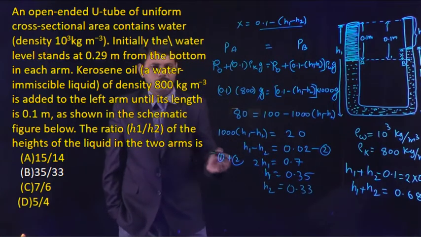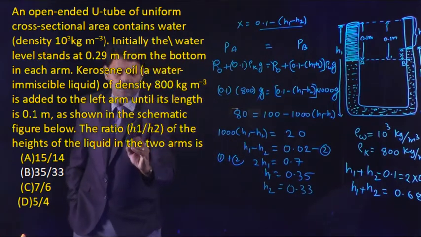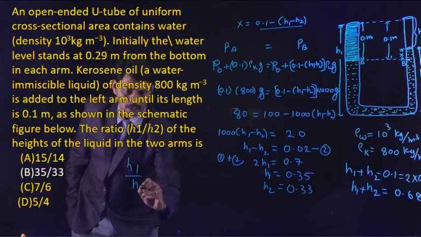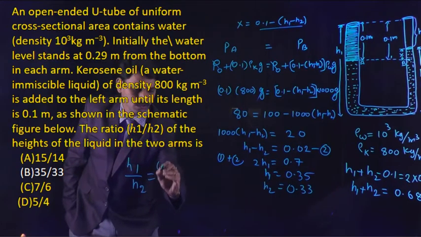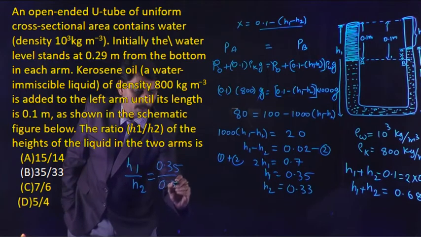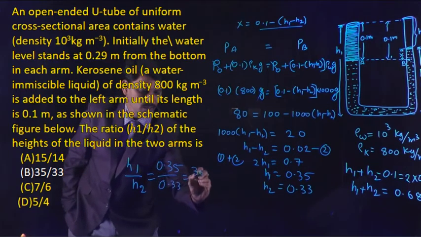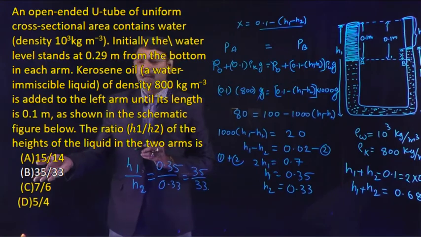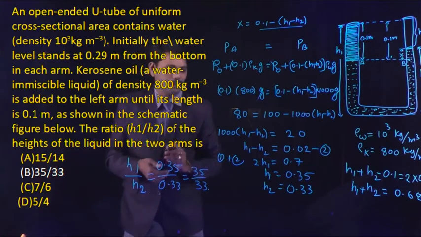Then the ratio of H1 to H2: H1 by H2 is equal to 0.35 by 0.33, that is equal to 35 divided by 33. Hence, option B is correct, 35 by 33.